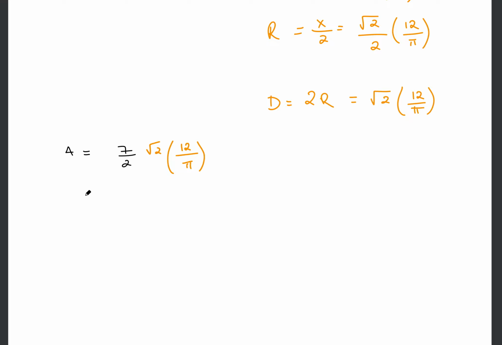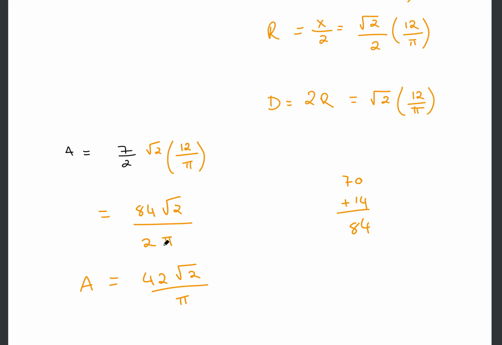If I multiply all that out, I'm going to get 7 by 12, let's work that out. So it's going to be 70 plus 14, so it's 84. So 84 root 2 all over 2 pi. Divide 84 by 2, you get 42 root 2 all over pi. So that's the area of our trapezium.